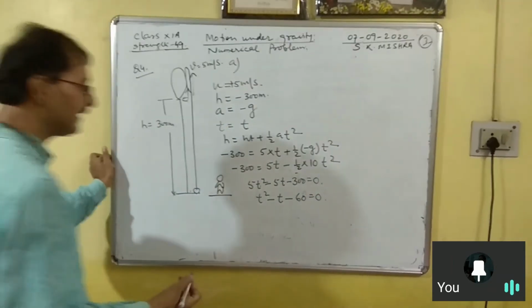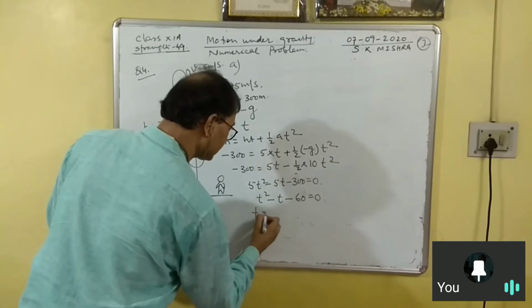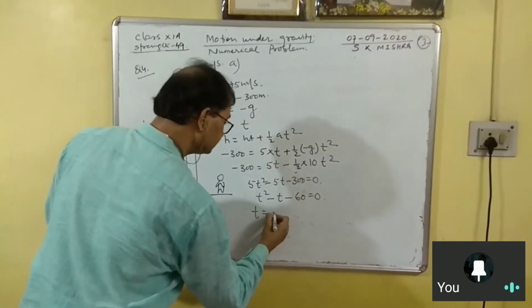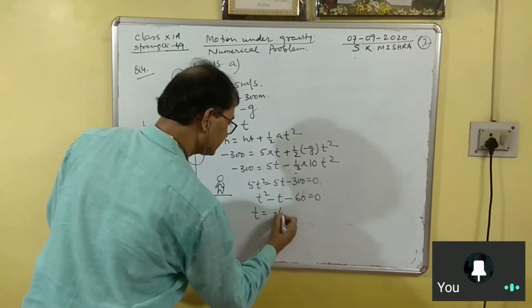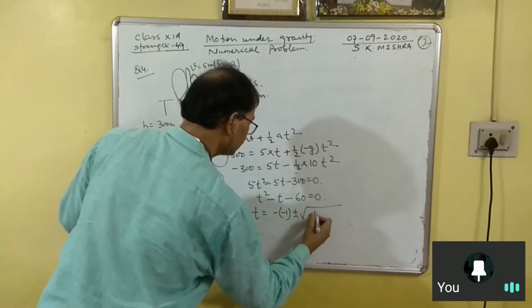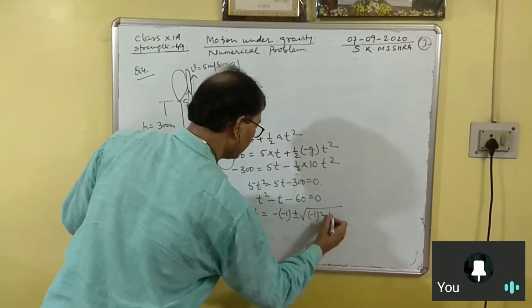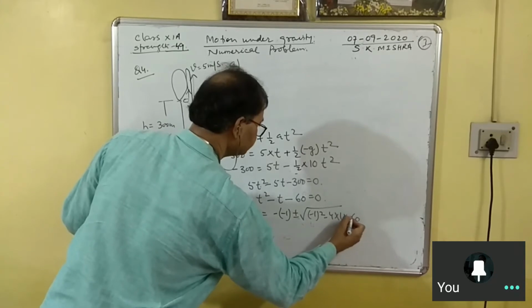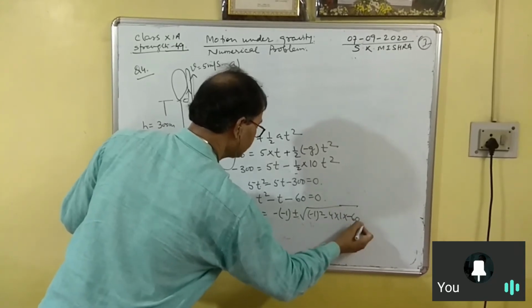Now you can find the value of t by using the quadratic equation. t is equal to minus b plus minus under root b square minus 4ac, where c is minus 60, by 2a.